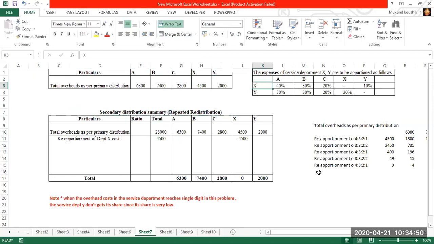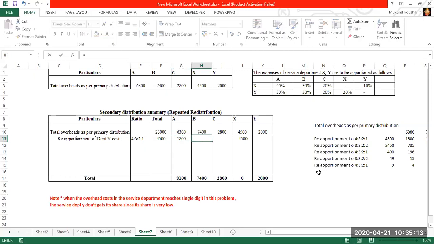Whenever you do the apportionment from service department X, it has to be done in these percentages. So as a ratio, the ratio will be 4:3:2:1, right? So in this ratio we will allocate this 4500. For department A it will be 4500 into 4/10.